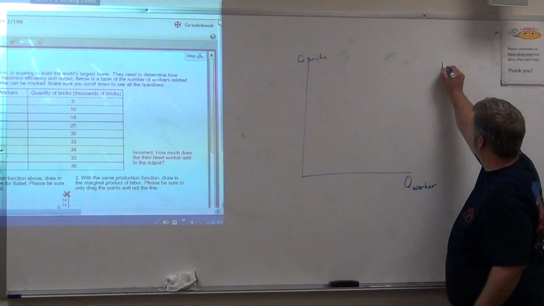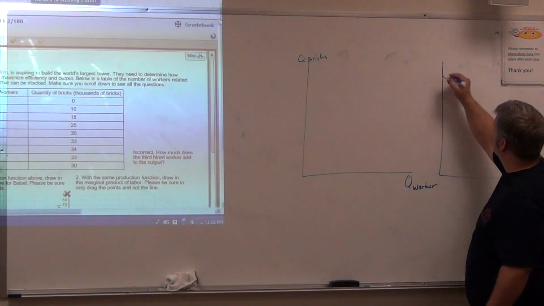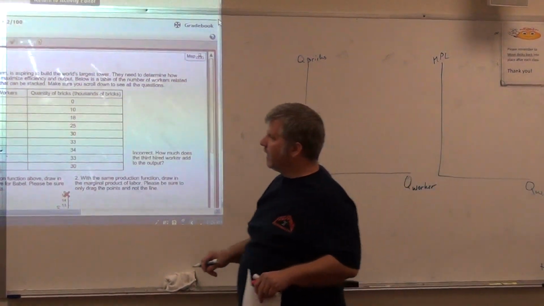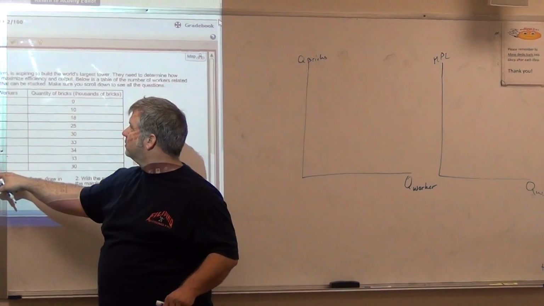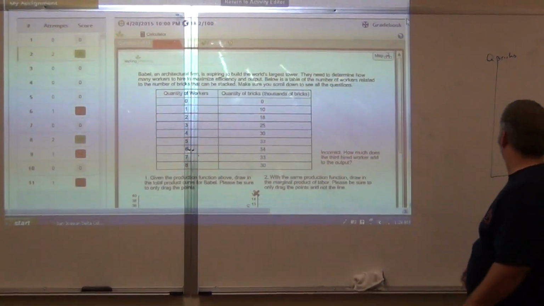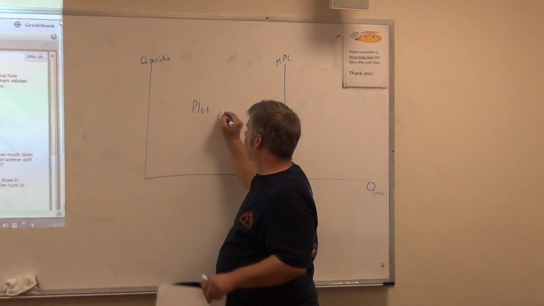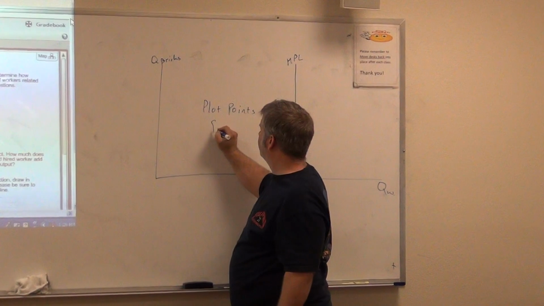And on the next graph, we have the marginal product of labor and the quantity of workers. And then as you can see here, we have a table. This is a little voided out by my screen, but quantity of workers, quantity of bricks. All you have to do is plot points from the table.